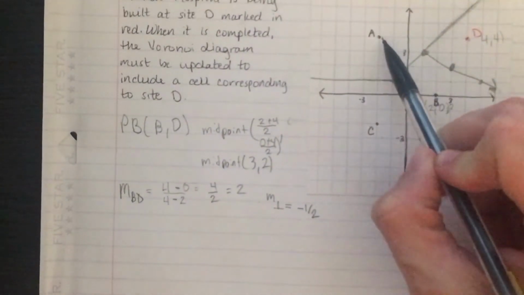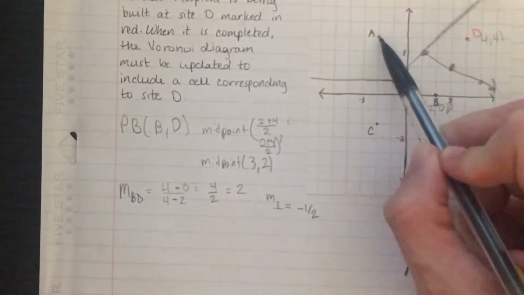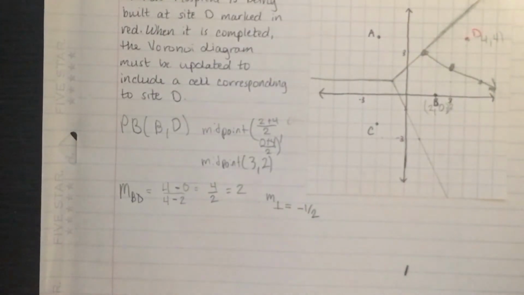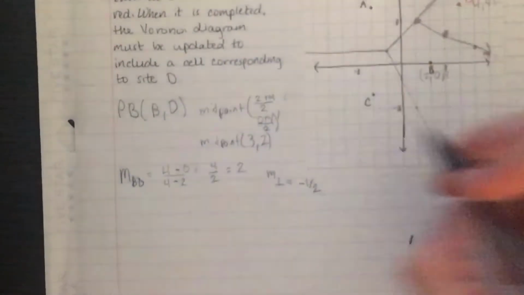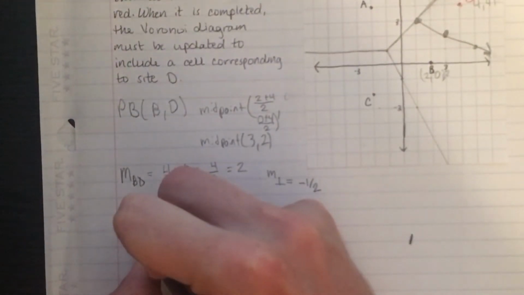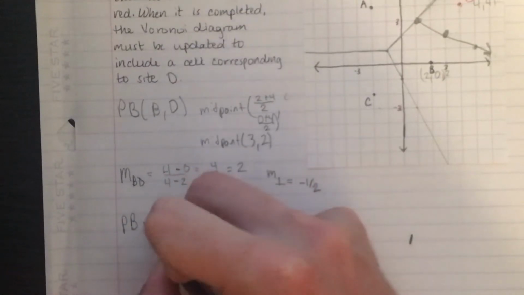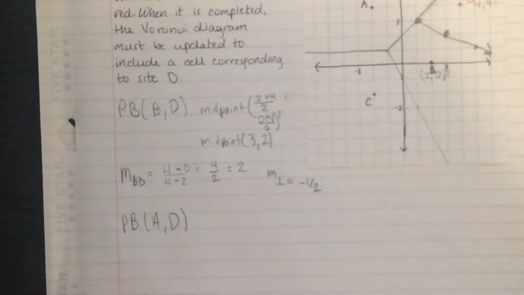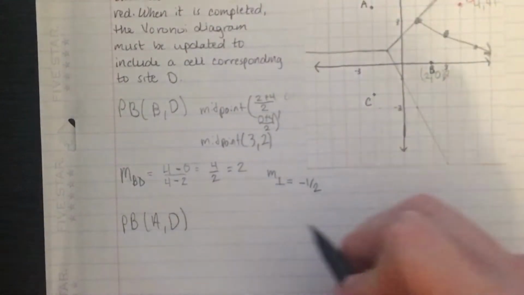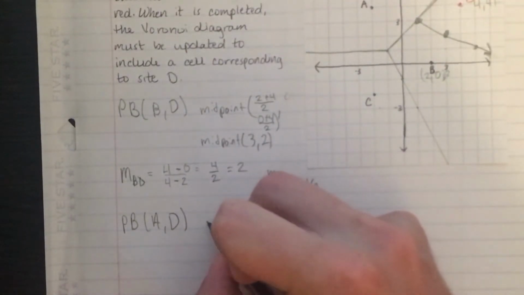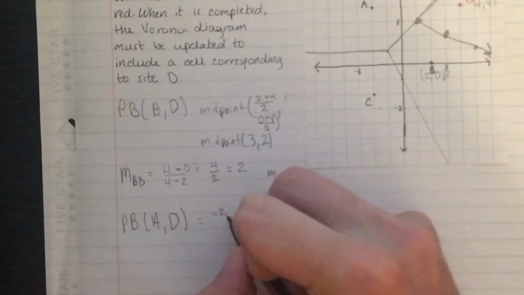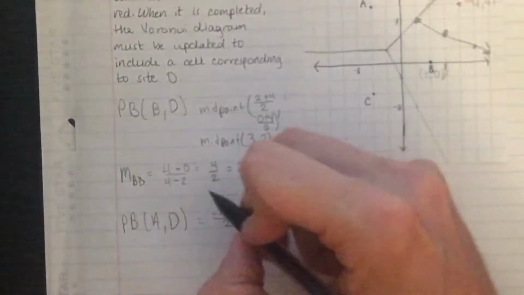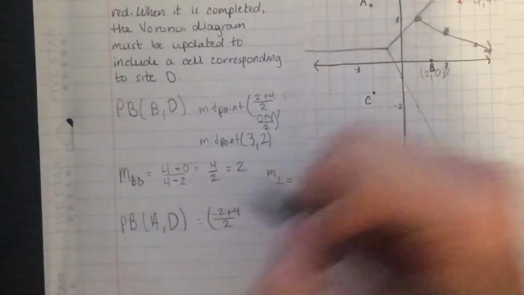So the midpoint of A and D, let's see, 1, 2, 3, 4, 5, 6. If they're straight away like that, they're pretty easy to calculate. But we'll do the math just to make sure. So the perpendicular bisector of AD, the midpoint, we're going to do negative 2 plus 4 over 2.